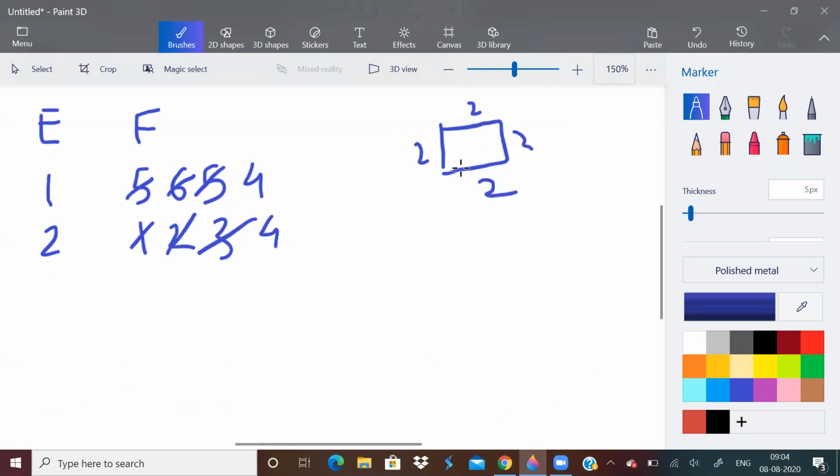This is also a rectangle. A square is nothing but a modified rectangle where all sides are equal. I hope you understand that. A square is also a rectangle. So we can consider this as a square and this as a rectangle, or vice versa. So we can make a square and a rectangle. That is why we print yes.